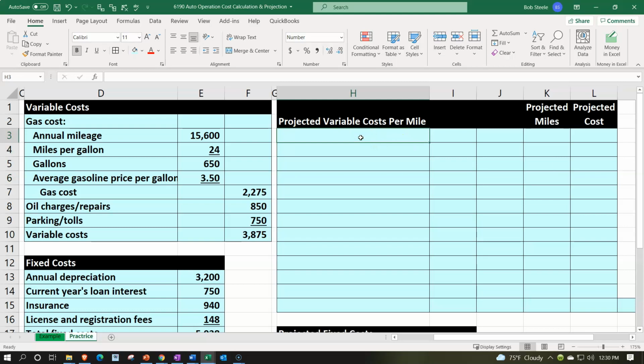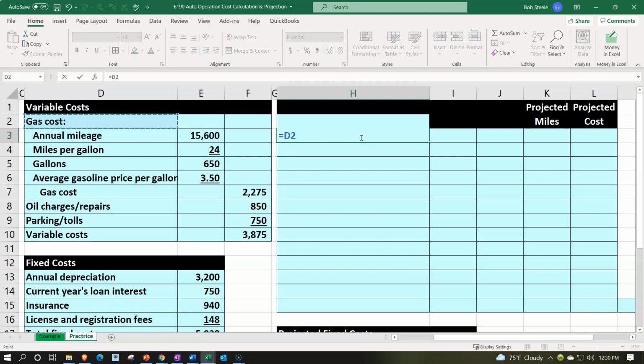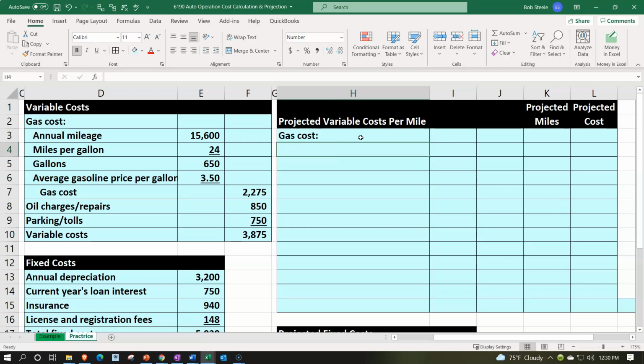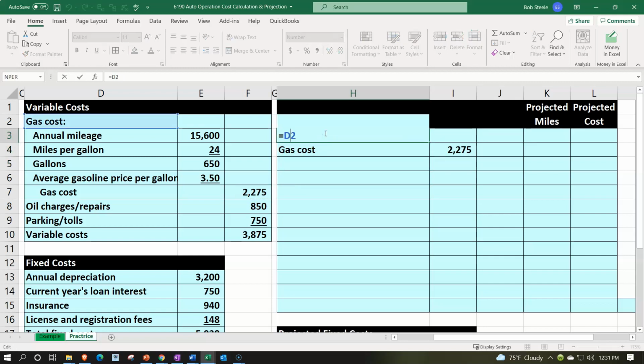So we're going to say the gas costs, for example, gas cost per mile. We could say that the gas cost was equal to, we calculated it now, the 2275. I should call it gas cost per mile.